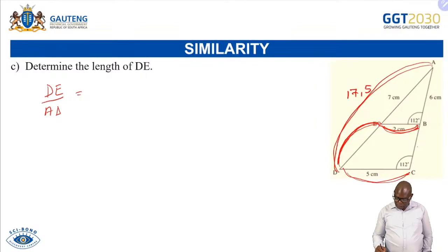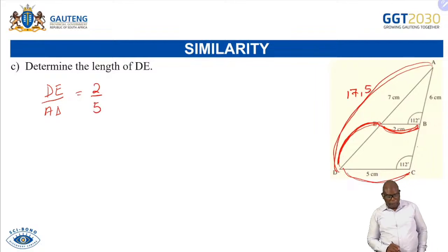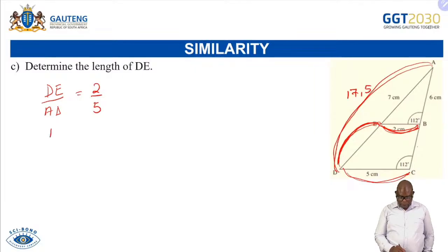So I can say DE over AD will be the same as this length over that length. Now I know what AD is. My AD is 17,5 equals to 2 over 5. So that one will be 35 all over 5 for DE. So my DE will be equal to 7 units.